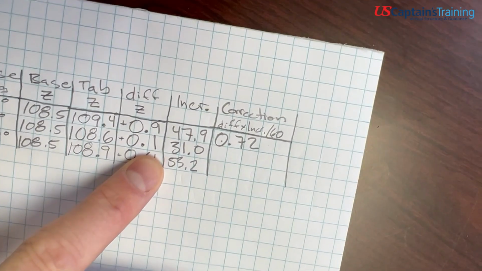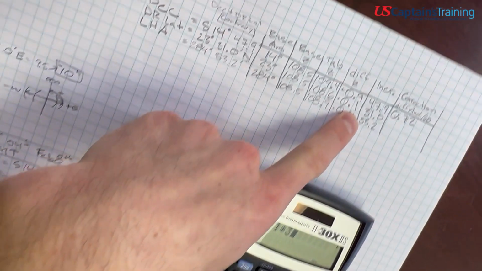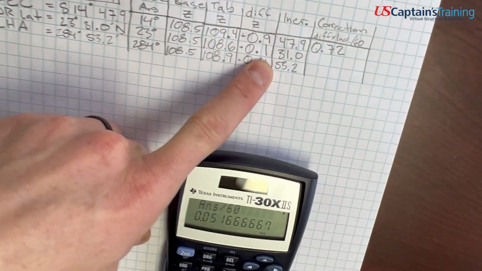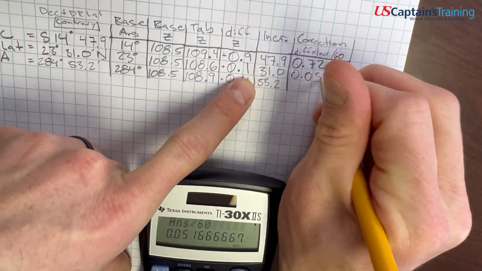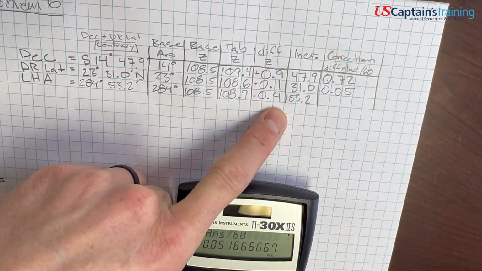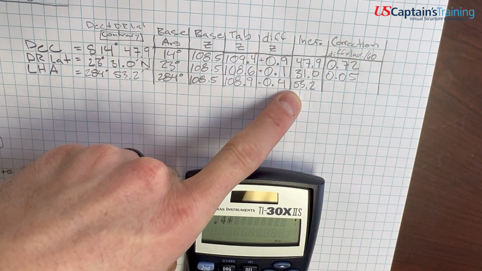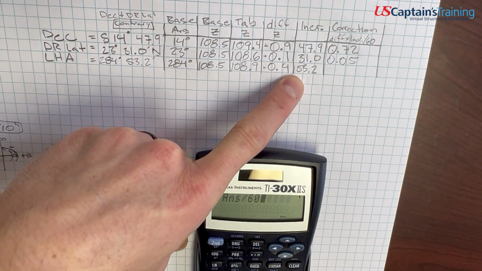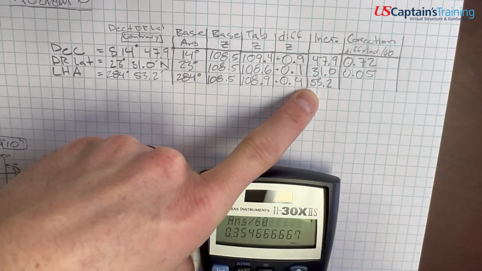Next one. 0.1 times 31 divided by 60 equals 0.05. And the next one. 0.4 times 53.2 divided by 60 equals 0.35.